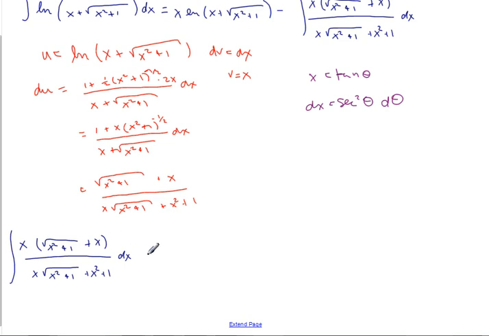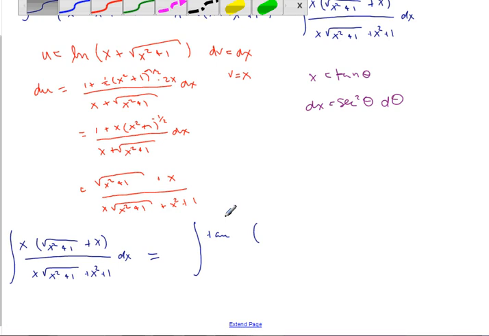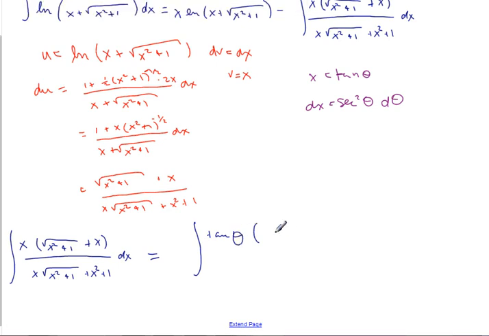Okay, so now this is going to be tangent squared theta plus 1 is secant squared theta, square root of that's going to be secant theta, plus tangent theta times secant squared theta d theta, right?